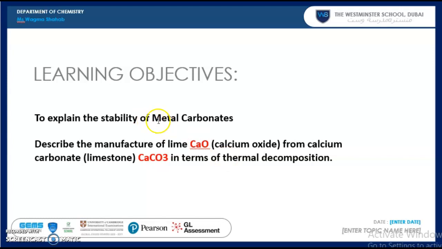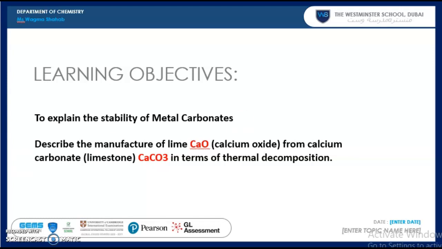Because the term metal itself means that a number of metals can form carbonates. So we need to find out which metal carbonate is thermally stable and which will be thermally less stable. Because this stability will later tell us which one will form carbon dioxide easily or which one will decompose only with a large amount of heat.